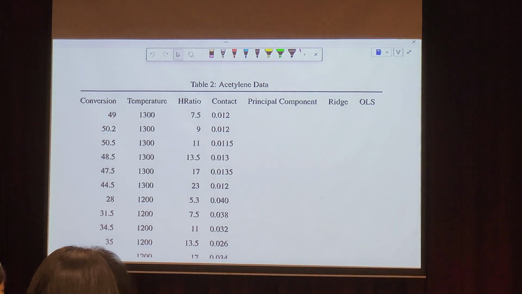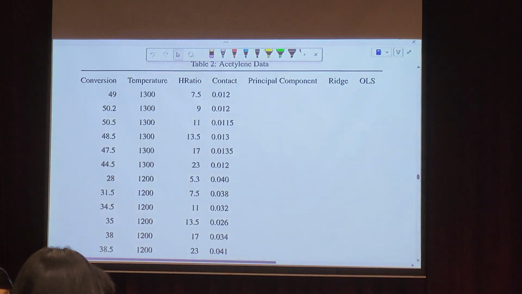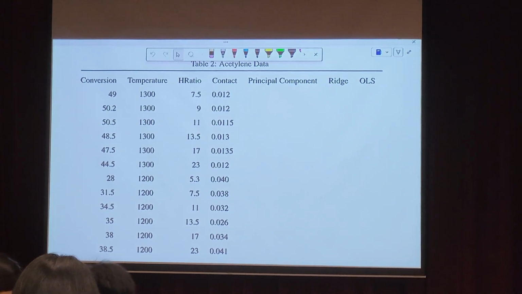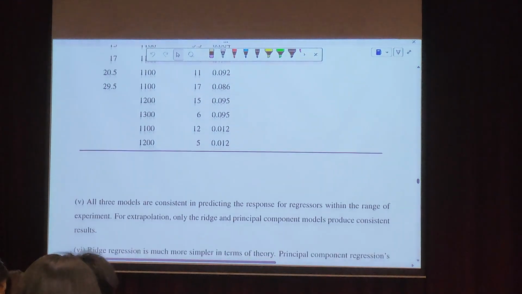Then we learned ridge, then principal component. We found that ridge seems to give better extrapolated values than ordinary least square, because at least they are non-negative. Ordinary least square did very poorly because the variance is large. By reducing the variance, ridge regression did much better. It won't give you a nonsensical answer.